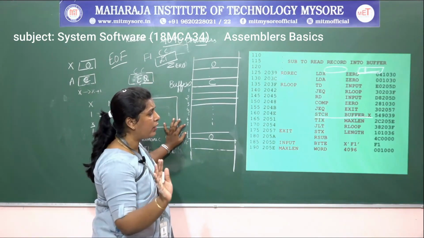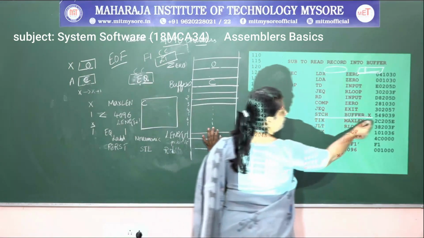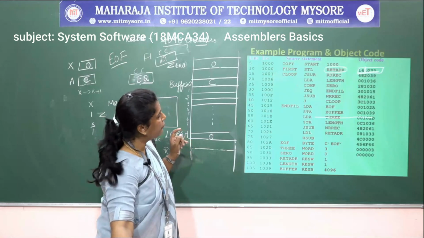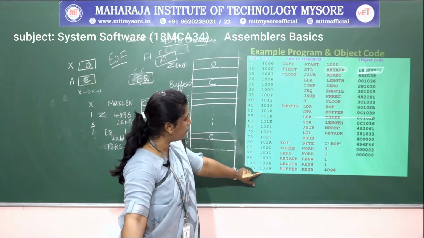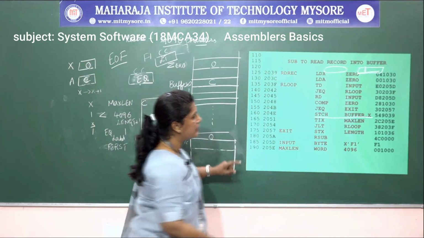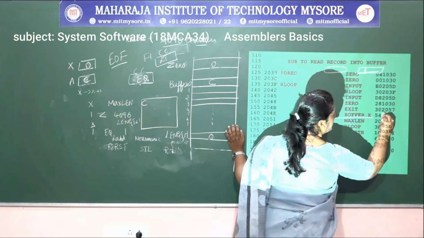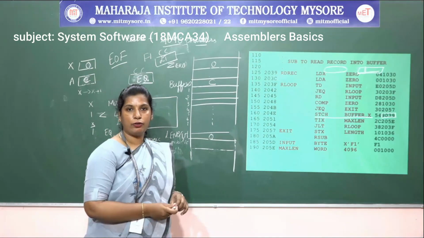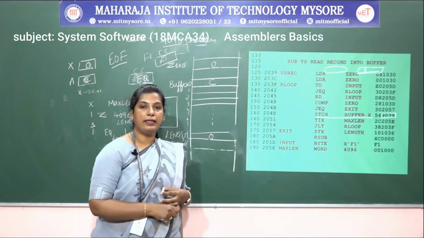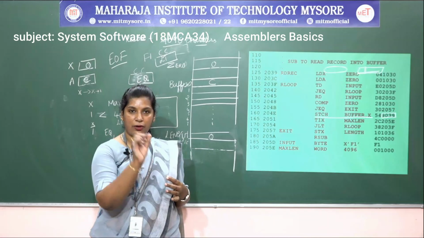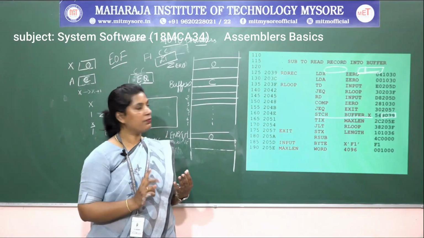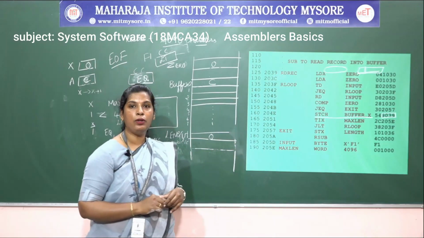You can observe that I cannot directly use STCH, which is 54, and 90 where the buffer is. The buffer is at memory location 1039, but here you can observe 9039. Because we are using the index register value, we have to set the index register bit to 1, so we get that value instead of 1039.